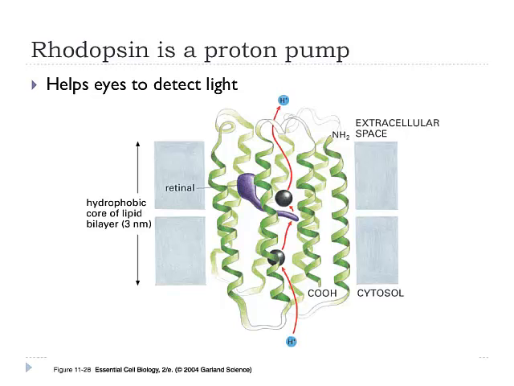And this gradient that it forms with the protons can help with the signaling to our nervous system. So it helps us to detect the amount of light that's coming into the eye.